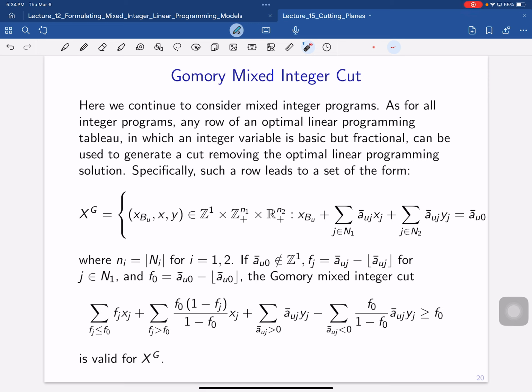You could plug in all the non-basic variables equal to 0, and then you will find that the left-hand side is 0, and the right-hand side f0 is a positive number. So you could show that it cuts off the original solution.